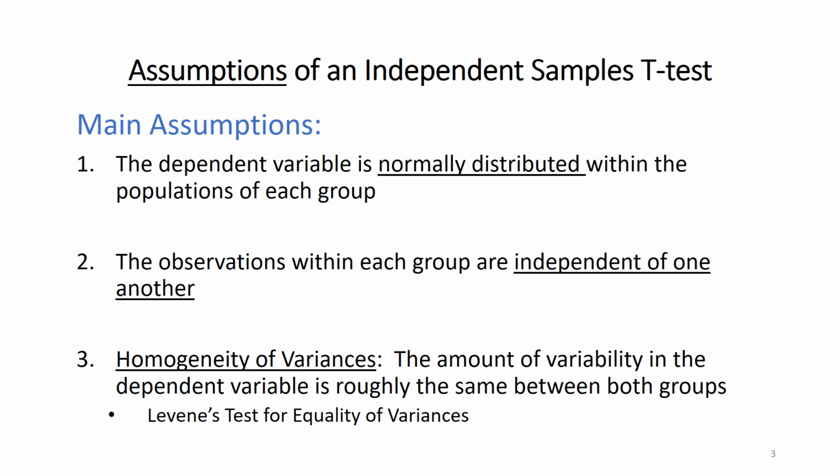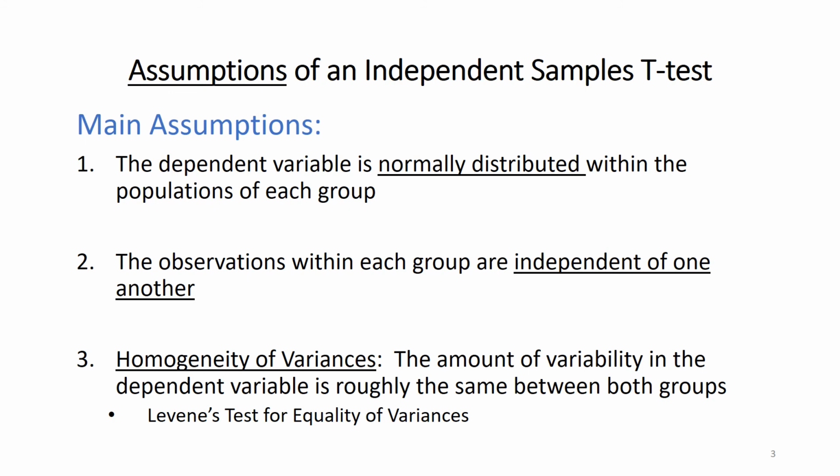So how much variability in strength there is for the meathead group needs to be roughly the same as the variability in strength that we see for the innocents group. How do we measure that? We need to use something called Levene's Test for equality of variances. Homogeneity is just a fancier term for equality. That's it, being equal.